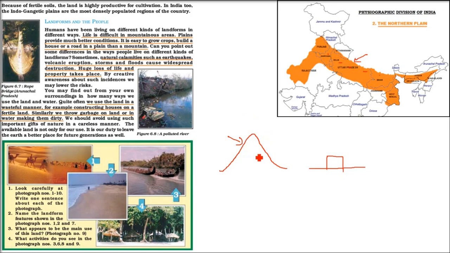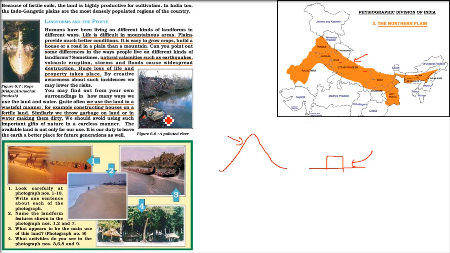There are also natural calamities like earthquakes, volcanic eruptions, storms, and floods. They also cause destruction. Like the Kosi River, it is the curse of Bihar. The Brahmaputra is the curse of Assam. In China, the Yangtze river is the curse of China. Every time it floods, people die and get displaced.